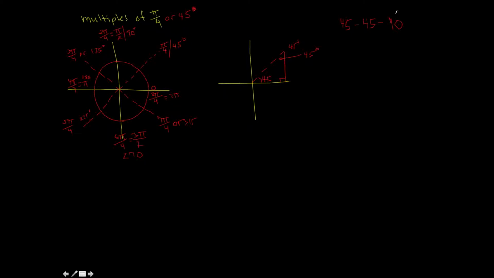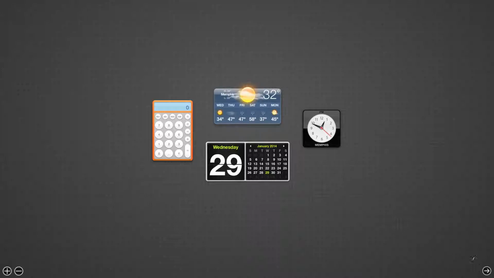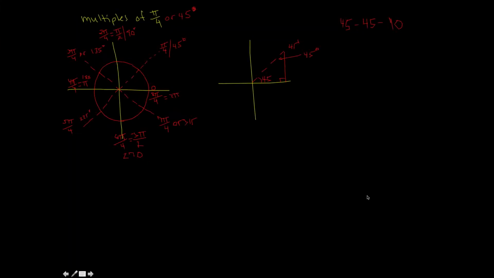Now, what's so special about that? Well, in a 45, 45, 90 triangle, we know for a fact that because those two bottom angles are the same, both of these sides right here, this one and this one, are exactly the same.